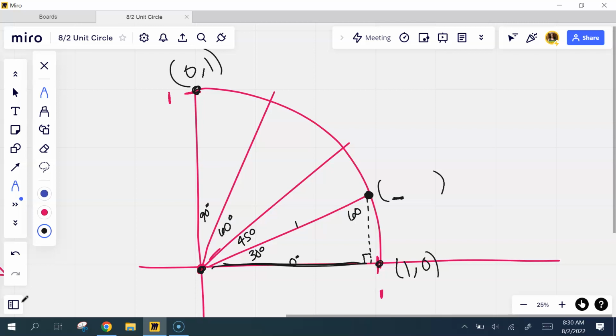Long leg. So let's find the short leg first. That's 1/2, which means this one is root 3 over 2. So what are the coordinates here? Square root of 3 over 2, 1/2. Does that make sense?